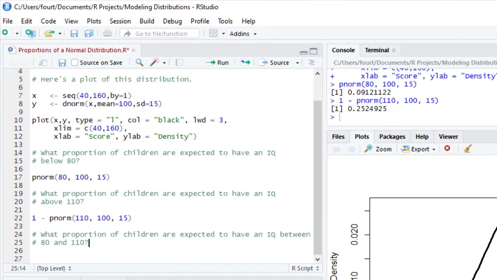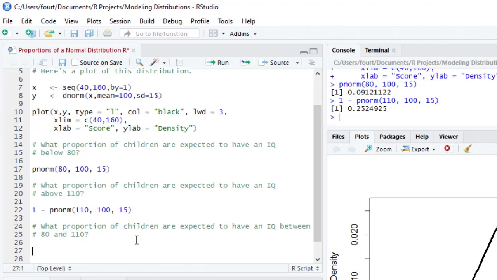Let me type the formula. If we calculate the proportion who score below 110, and then subtract from that the proportion who score below 80, we will be left with the proportion that score between 80 and 110.